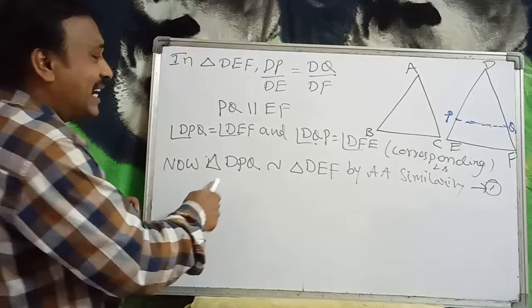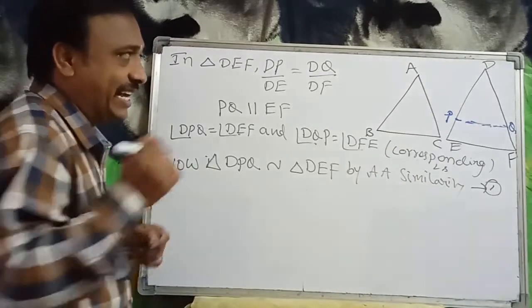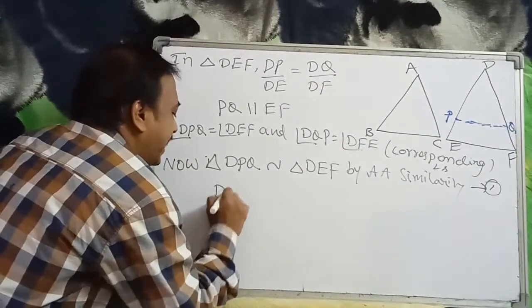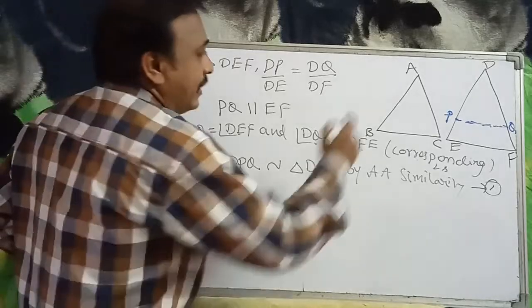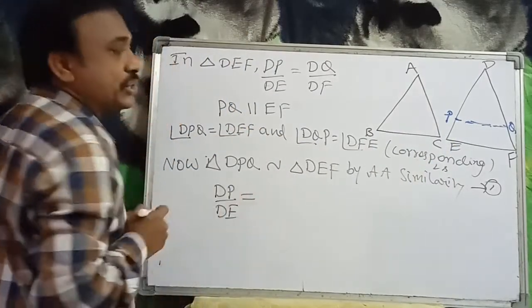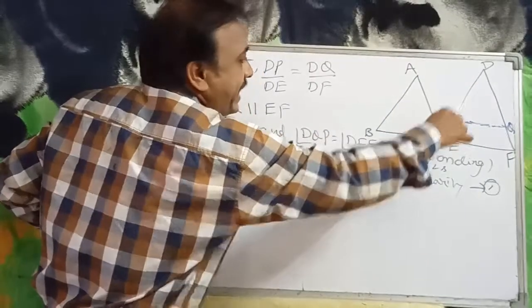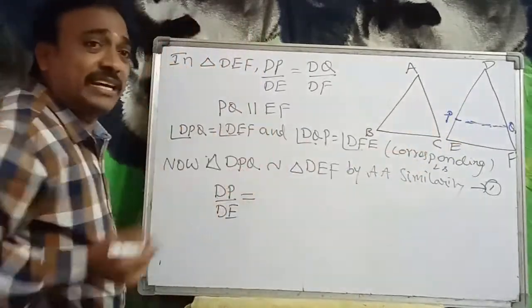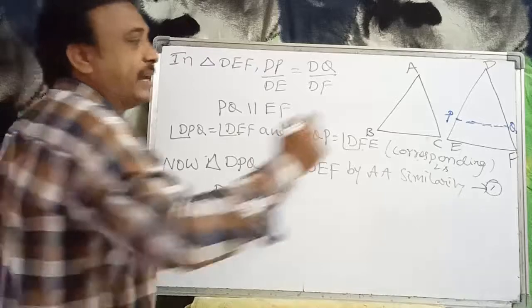Now if triangle DPQ is similar to triangle DEF, then DP by DE is equal to PQ by EF, because sides are in proportion once the triangles are similar.